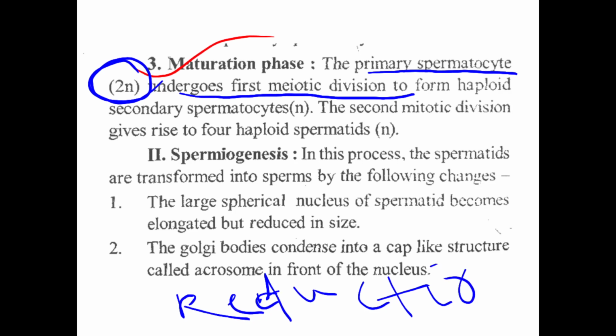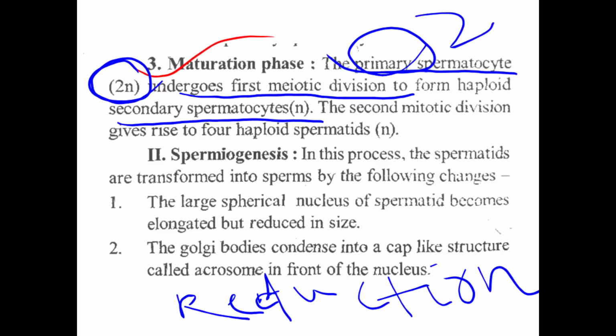The primary spermatocyte, which is diploid, forms the haploid secondary spermatocyte.